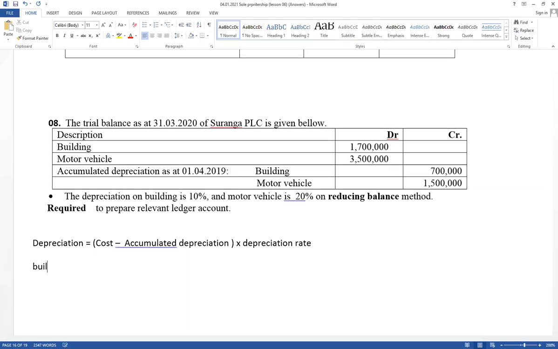Building depreciation. The building cost value equals 1.7 million and accumulated depreciation equals 700,000. Cost minus accumulated depreciation, times the given 10%. Therefore, depreciation equals 100,000. Now calculate the motor vehicle depreciation also.